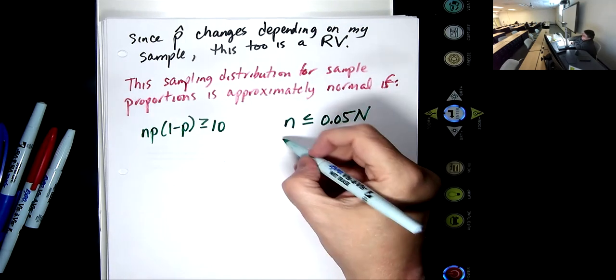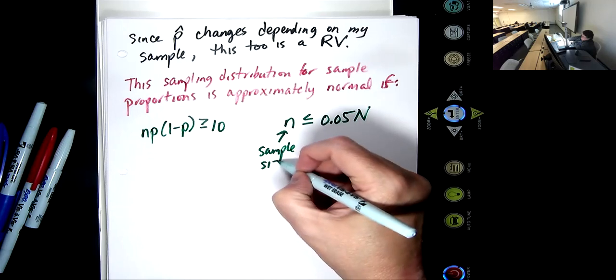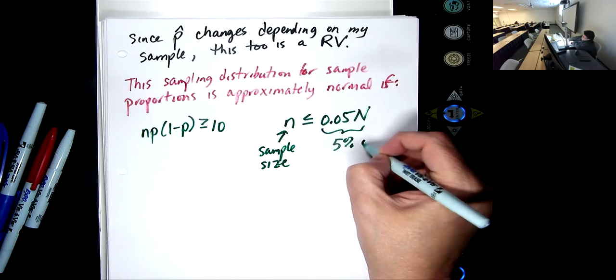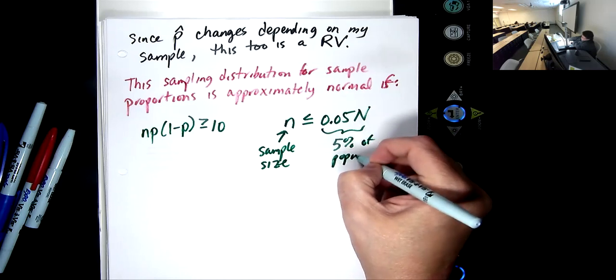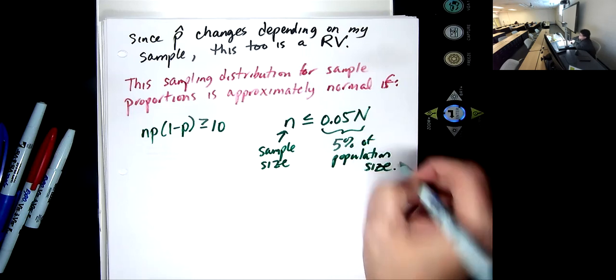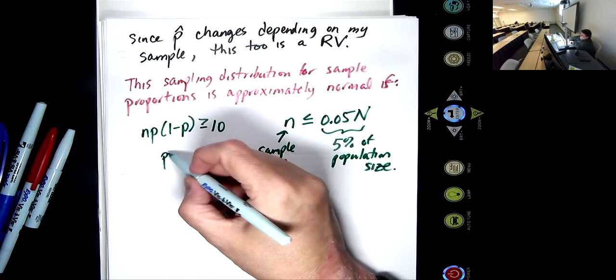So this is sample size, and this is 5% of population size. P is my p hat.